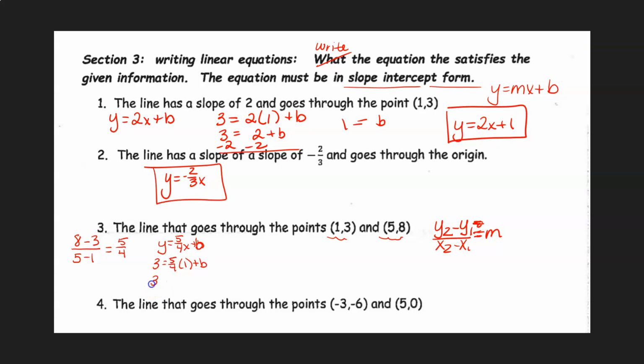I'm going to turn 5/4 into 1 1/4. And I'm going to subtract 1 1/4 from both sides. So b equals 1 3/4 or 7/4. So that gives me y equals 5/4 x plus 7/4.